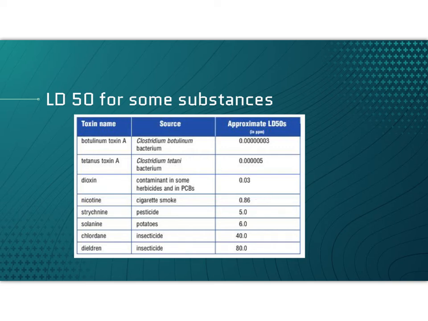The least toxic would be this dieldrin. It takes 80 parts per million to kill 50% of the population, whereas botulism toxin A, it only takes 0.0000003 parts per million to kill 50% of a population. So it doesn't take very much, where it takes a lot more of this dieldrin.